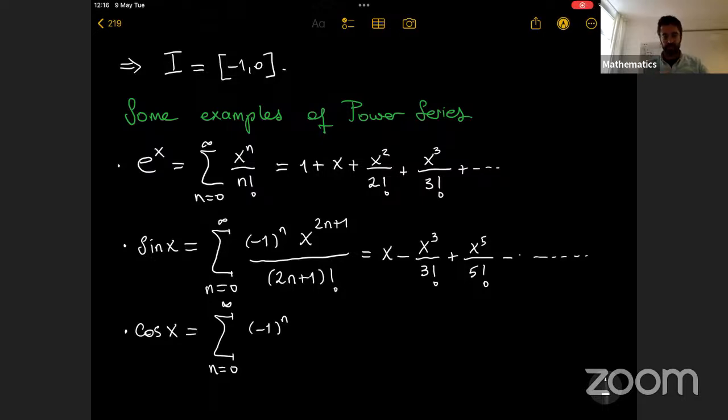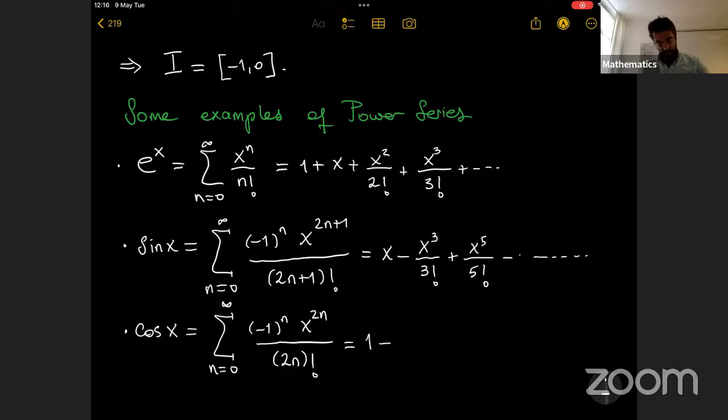It alternates between plus and minus. x to the 2n over 2n factorial. And this is nothing but, when n is equal to 0, you get basically 1, right?